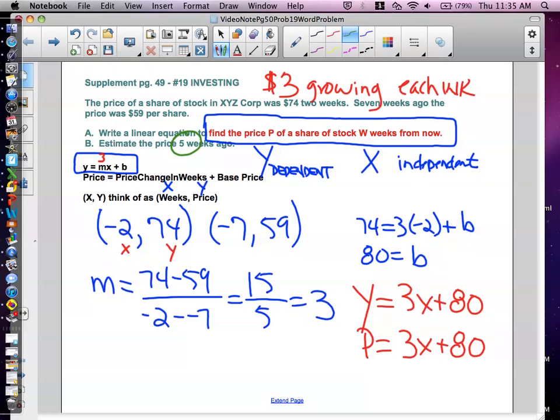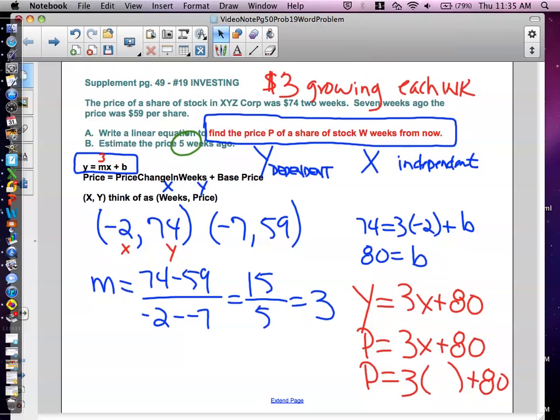So I can now take my equation that I've set up and let x be -5. -5 to represent 5 weeks ago. The price of the stock 5 weeks ago was $65. 80 minus 15 is 65.